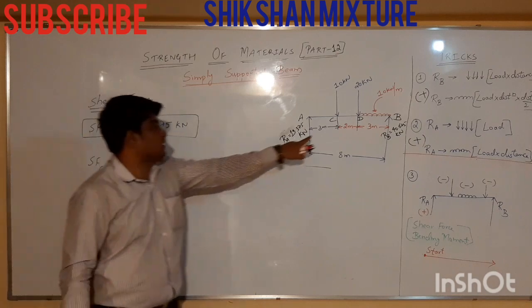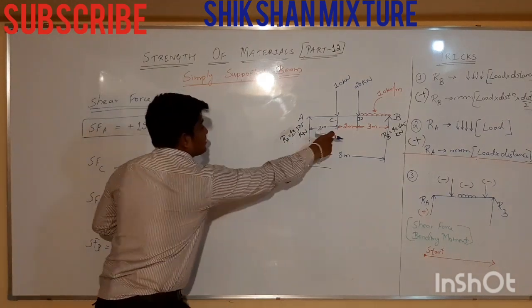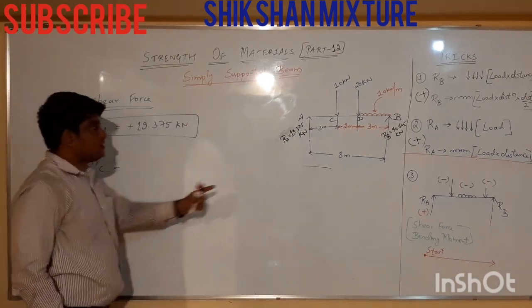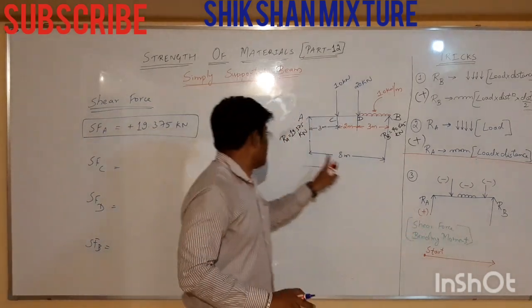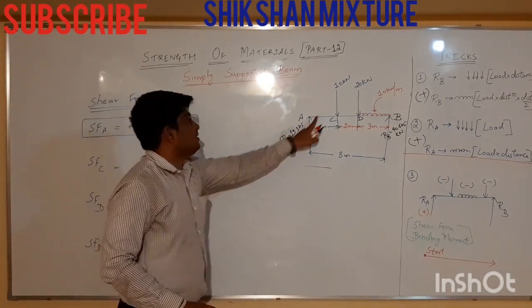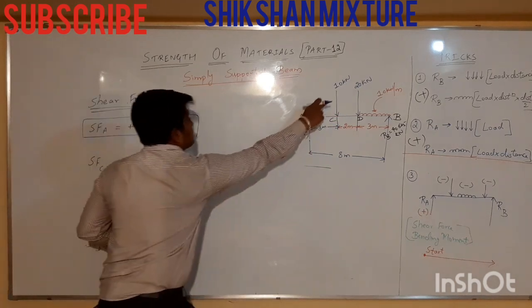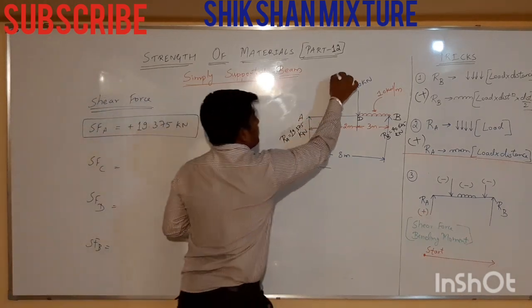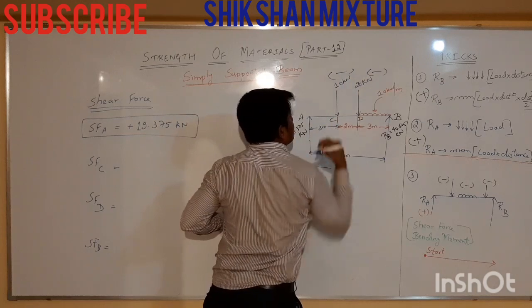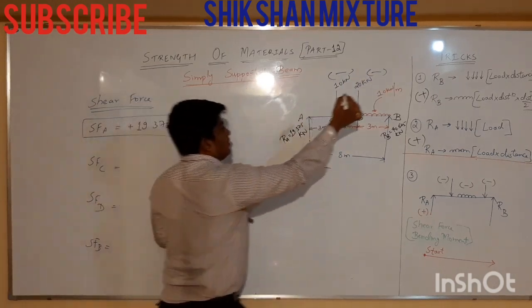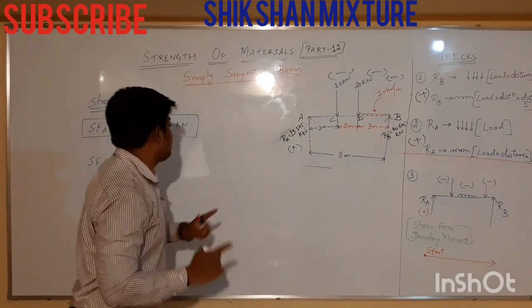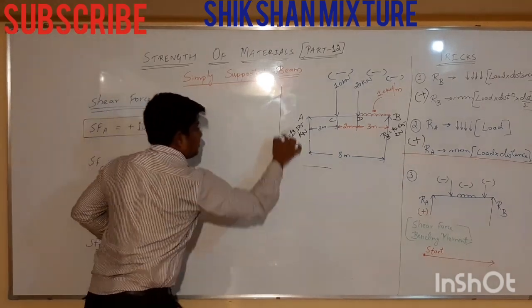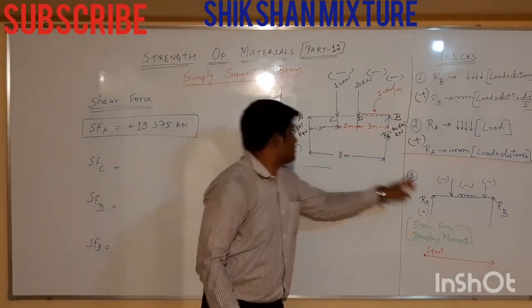Next, at C. At C, do you need to take the distance? No, because it is shear force. So only point loads are there. Point loads, you need to add and subtract, because these are negative when you are finding the shear force. This is positive. Always remember the tricks.